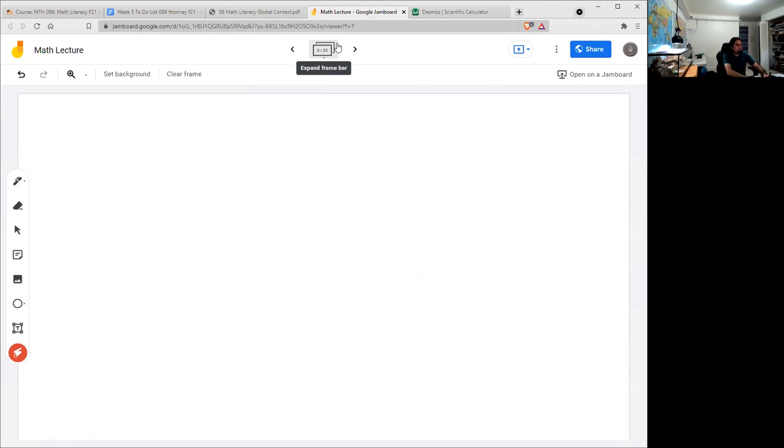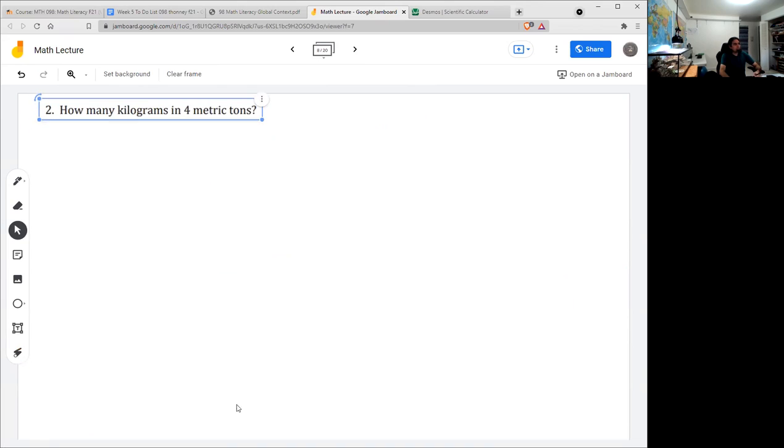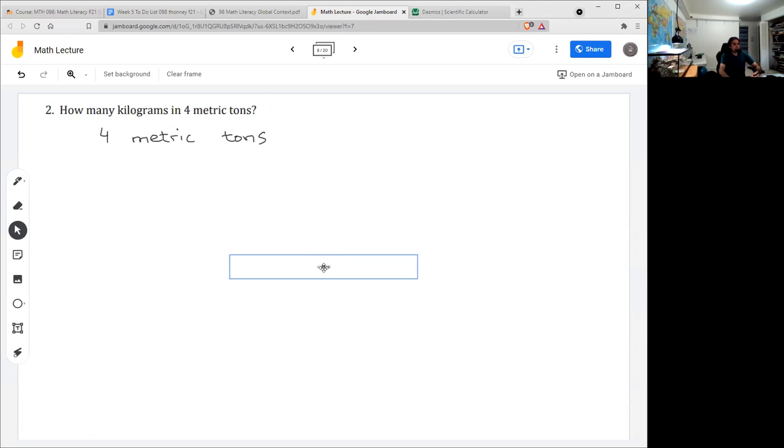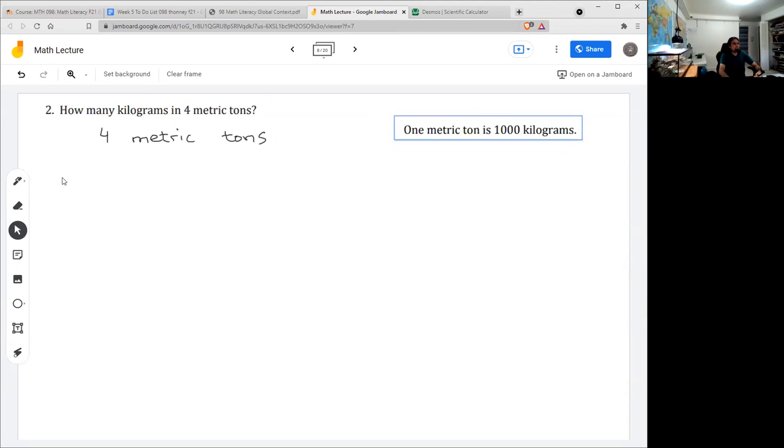Okay, I won't take up a full slide for the rest of these. How many kilograms are in 4 metric tons? So I'll take the 4 metric tons, say, 1 metric ton was 1,000 kilograms. So I keep the 4. And wherever I see metric ton, I'll just replace it with 1,000 kilograms.